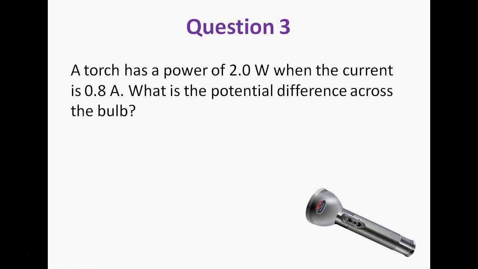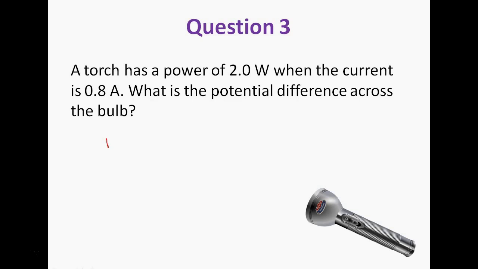This question requires a rearrangement, so look carefully at the information you have, decide which equation is appropriate, and then rearrange it to solve for the potential difference. Remember, if you're not very confident at rearranging equations, then you can always write the equation down.